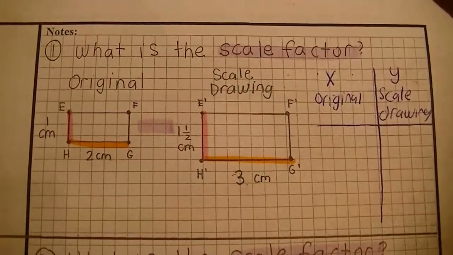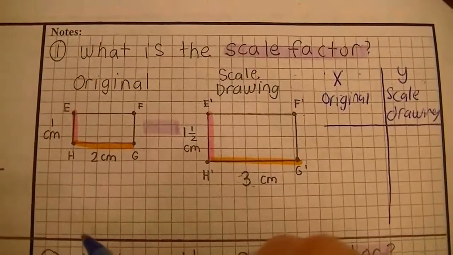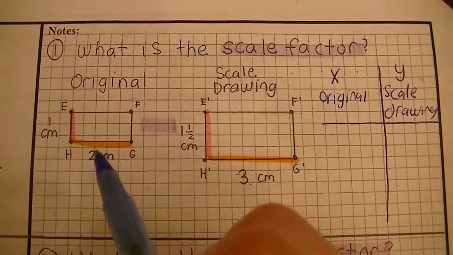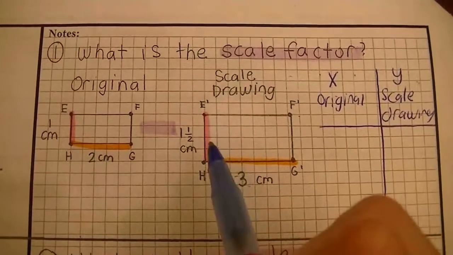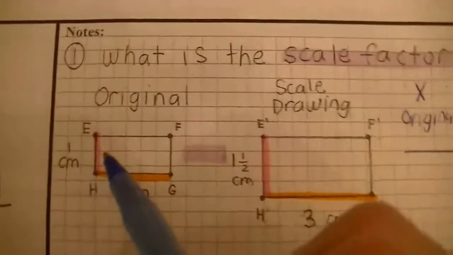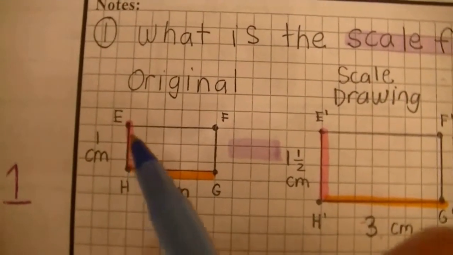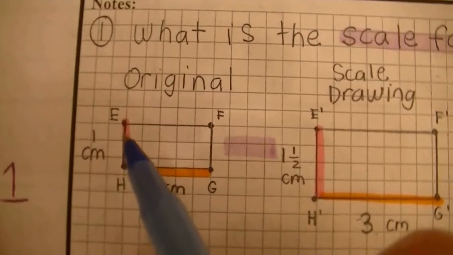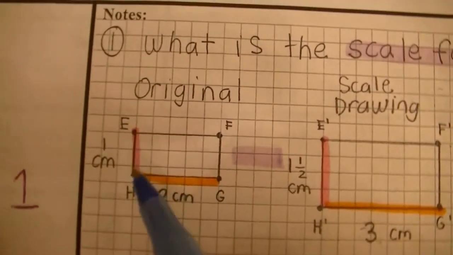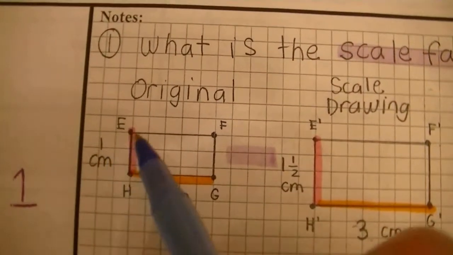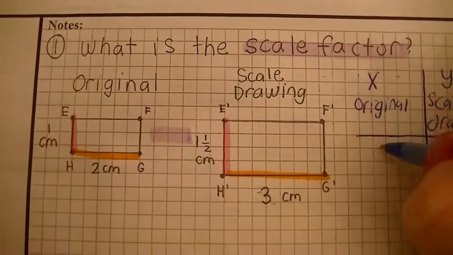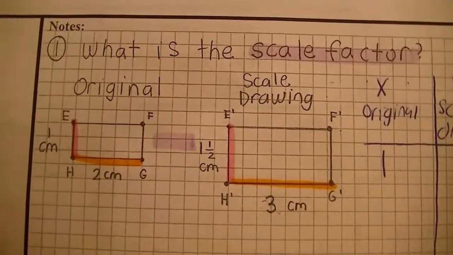Okay, so remember how I talked about the one-to-one correspondence that occurs between an original and a scale drawing. So in the original, this side length is 1 centimeter. And I highlighted it pink. If you have any colors, then you might want to do that as well. But anyway, this side length is 1 centimeter. So in the original, I'm going to label that right there.